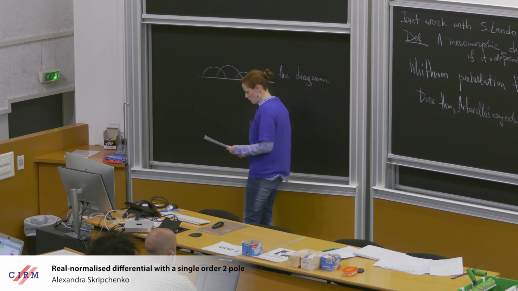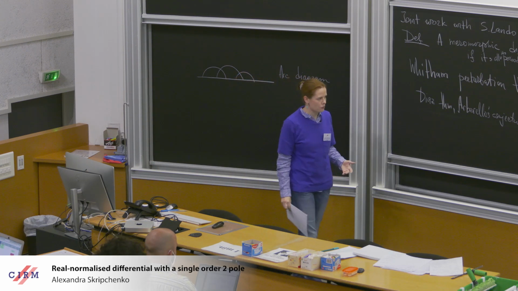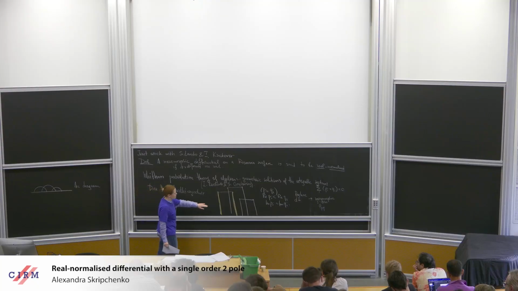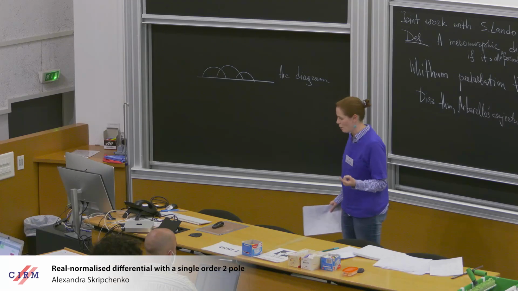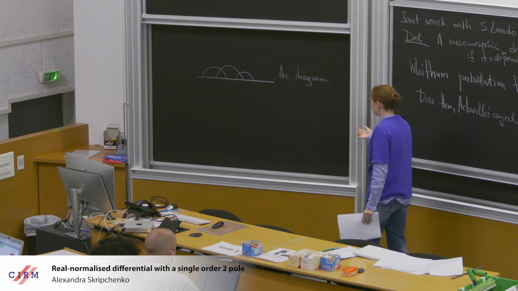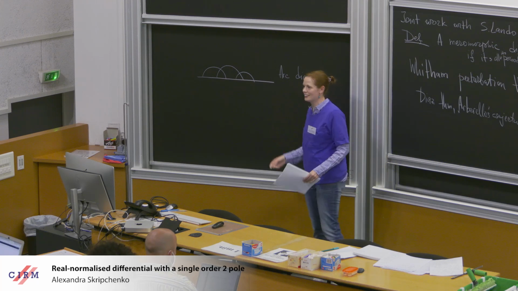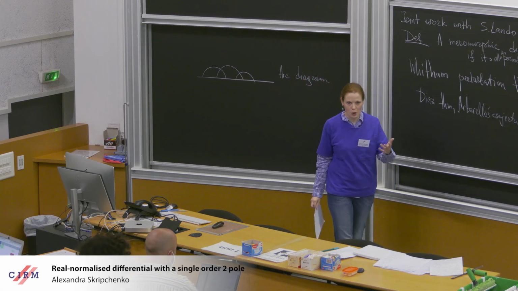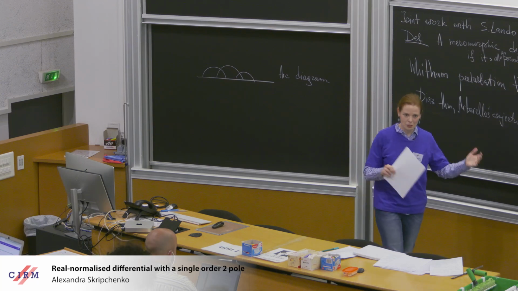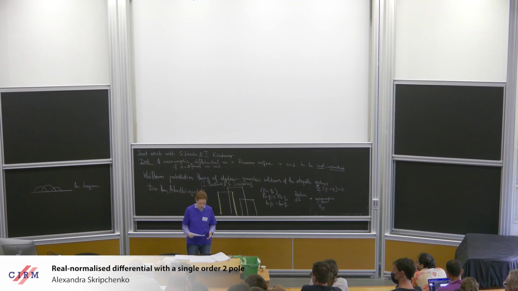And now we ask ourselves whether it's true that any picture like that gives us something non-trivial in the sense of meromorphic differentials with a single pole or not. Or in a similar way, is it true that any arc diagram would serve our purpose to construct a surface with a meromorphic differential on it?